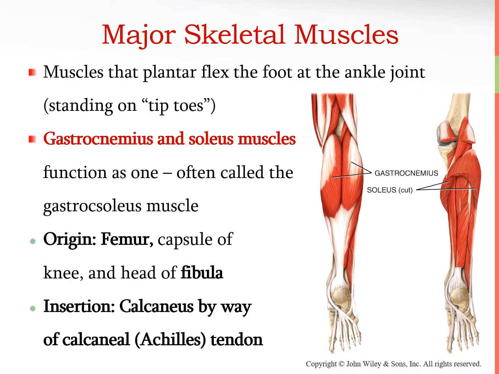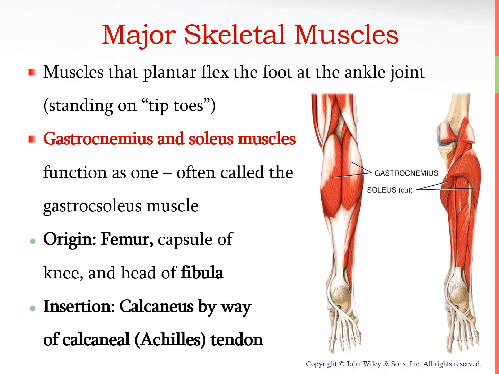The gastrocnemius has its origins in the femur, the capsule of the knee, and the head of the fibula. The soleus has origins in the fibula and tibia. They both insert into the calcaneus by way of a common tendon called the Achilles tendon or calcaneal tendon.